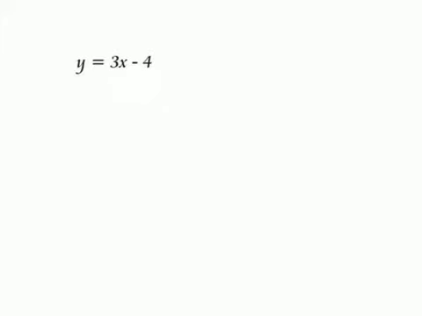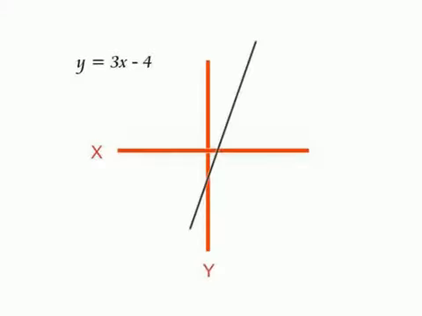Now let us take a quick look at moving from the equation of a straight line onto the coordinates. I'm going to use the example y is equal to 3x minus 4. Sketched on a graph, it looks like this.